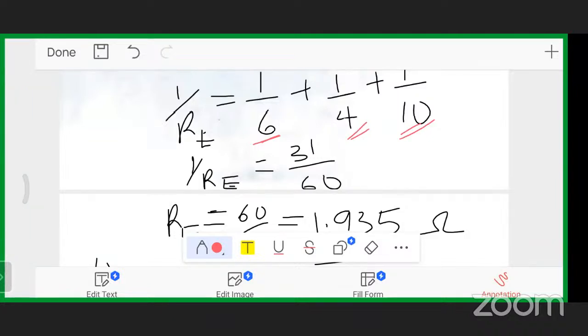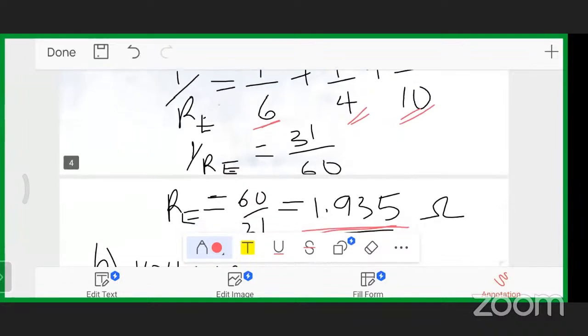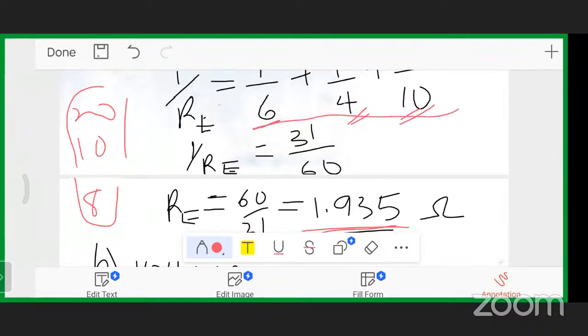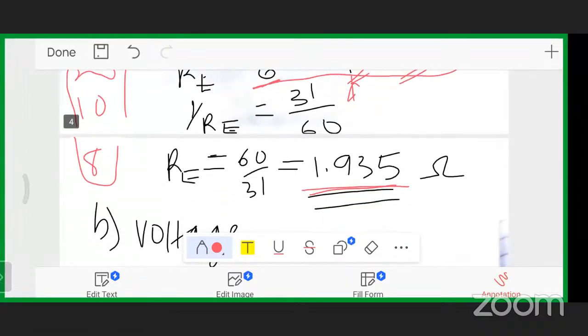So if you are doing this problem and you find your answer to be something like 8, 10, or 20, then just know that it is automatically not correct if they're in parallel connection, because you expect the answer to be lower than 4, the lowest, and it cannot be greater. If you get your answer as maybe 19.35, you should say there's a problem somewhere and recheck your work. That's what I was saying about evaluating your answer.